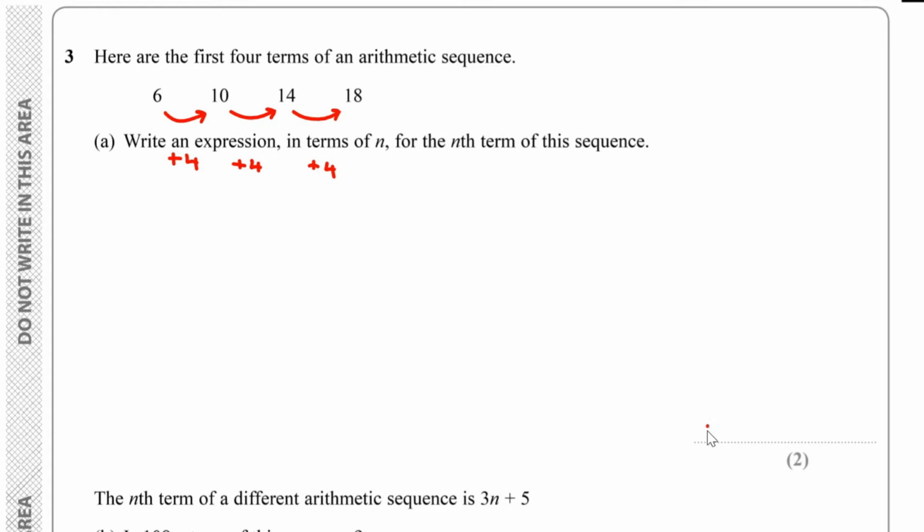So we have 4n, and if we find out the 0th term, we do the opposite of plus 4, which is minus 4. 6 take away 4, you'd find that to be 2. So we have 4n plus 2 as the nth term of the sequence.